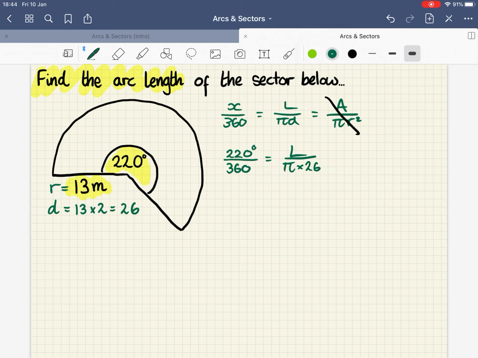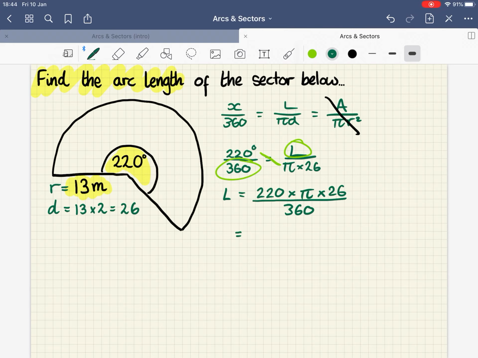So times 26. So then my length is going to equal, because that's my length, so I've got my L, multiply across the diagonal, so I've got 220 times pi times 26, all over this last bit at the bottom here.